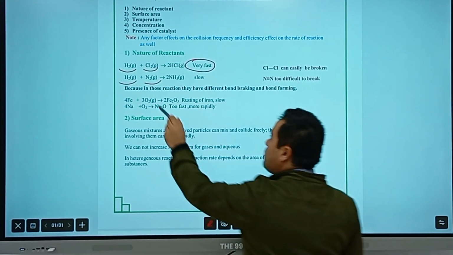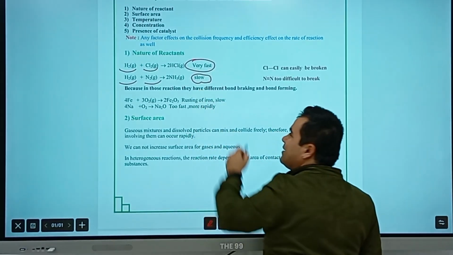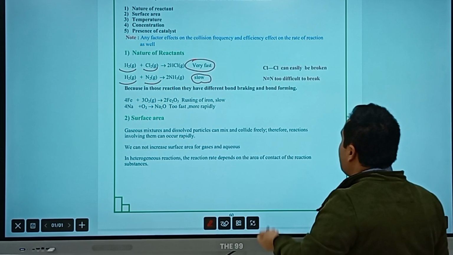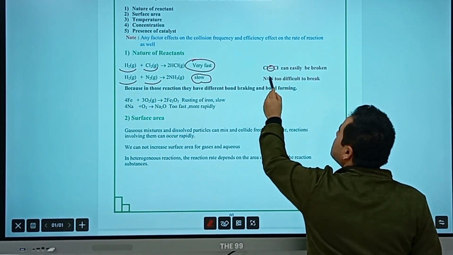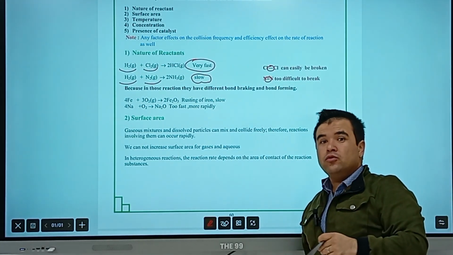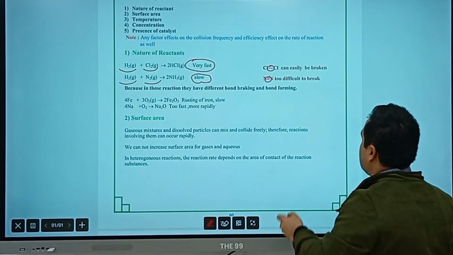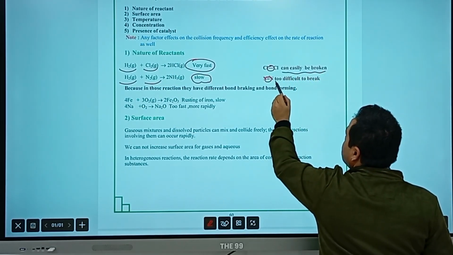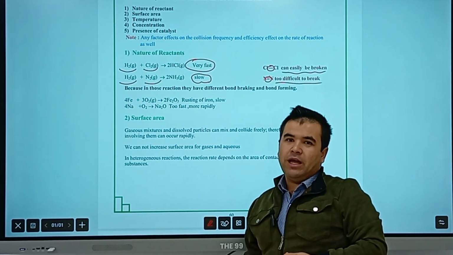But when the same hydrogen reacts with nitrogen, there is a slow tendency to react. What's the reason behind this? The bond in chlorine is a single bond, but the bond in nitrogen is a triple bond. Which one is easier to break down? The single bond can be easily broken, but the triple bond is too difficult to break. That's why it slows down the mechanism of the reaction.